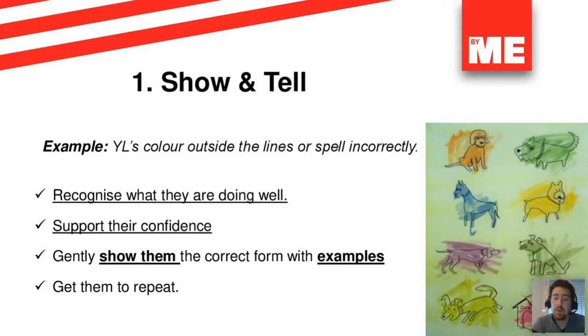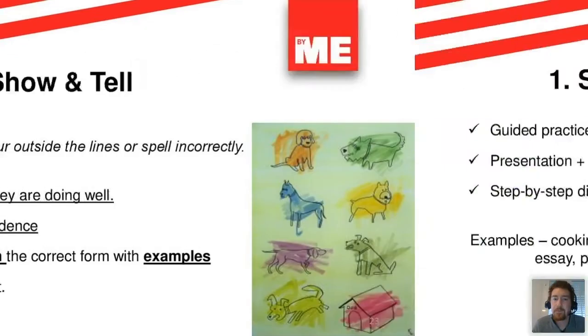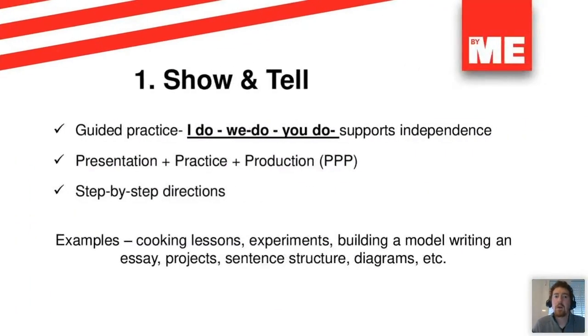They feel good about what they've done, but they've now been shown a different method, the method which you want them to achieve. And by showing them gently and supportively and getting them to repeat, they will repeat, and the likelihood of the objectives being met will be much higher.